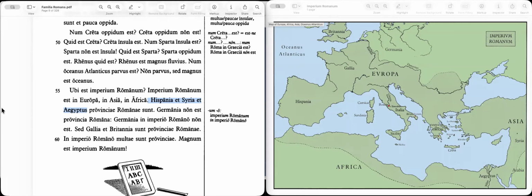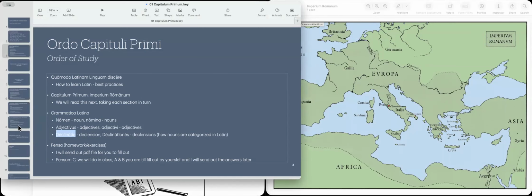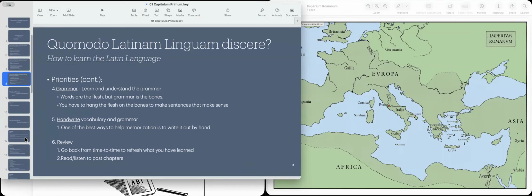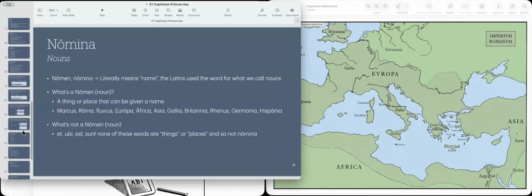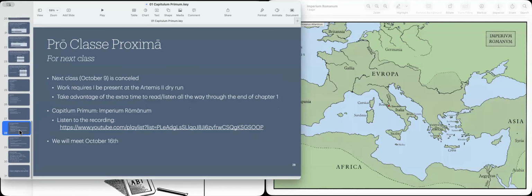All right, let me switch to my charts. As I said, we'll get to some of this stuff later on where we'll talk about parts of speech, etc. But I don't want to get into that now. Next class, I'm sorry, it is canceled, October 9th.